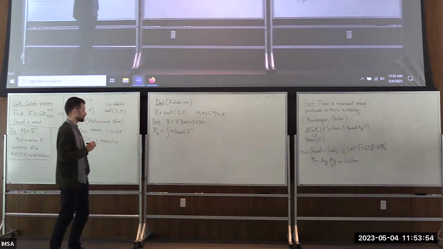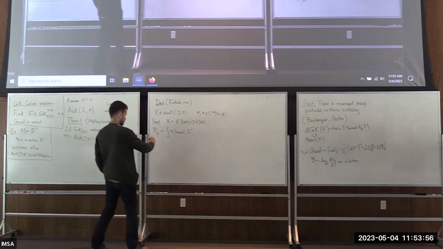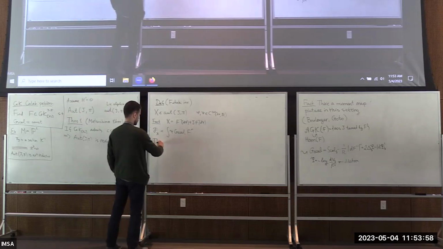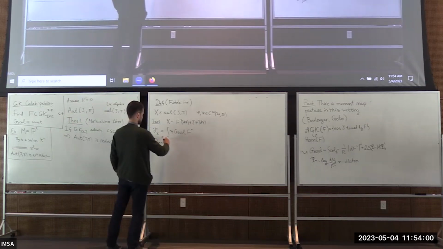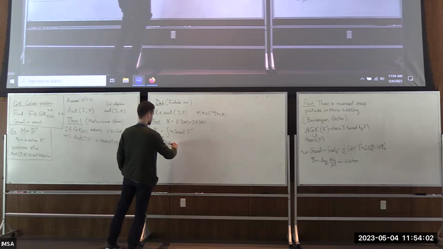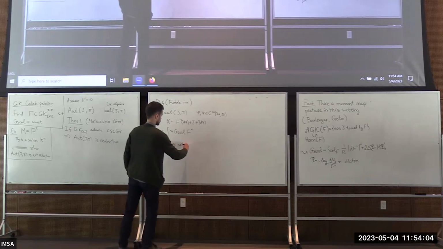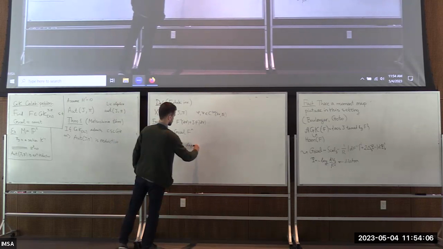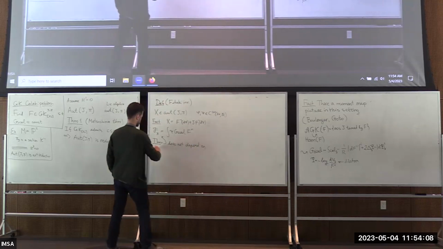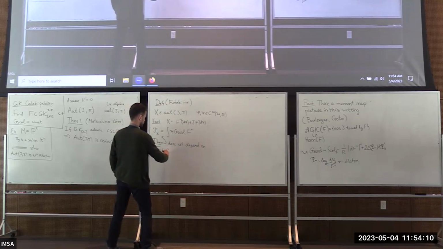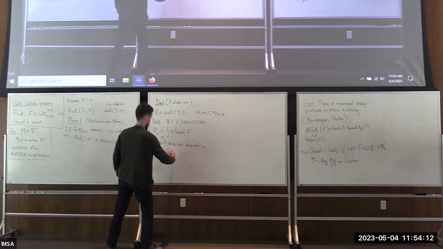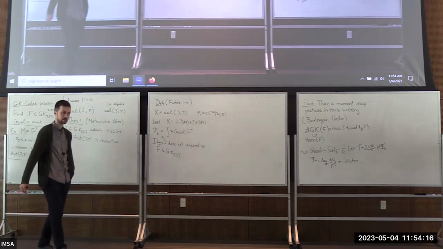Right. So the point is that this is the theorem which really makes it an abstract theorem. This expression does not depend on f in its generalized Kähler class. So you can choose any f to calculate.